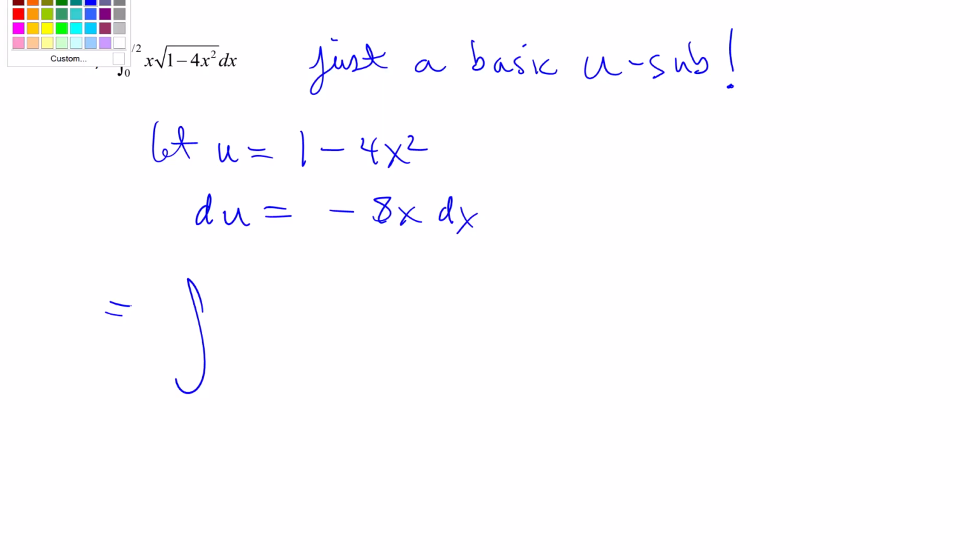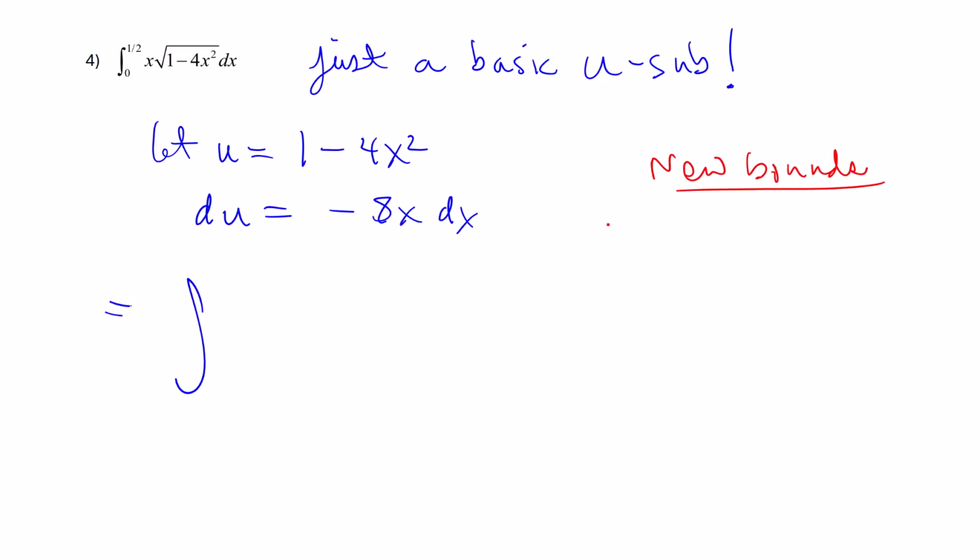So let's see, I'll mark this here. Our new bounds will be as follows. We had 0, but if you're plugging 0 into the u equation, we have 1 minus 4 times 0, which of course is just 1. So the new bound instead of 0 is going to be a 1.